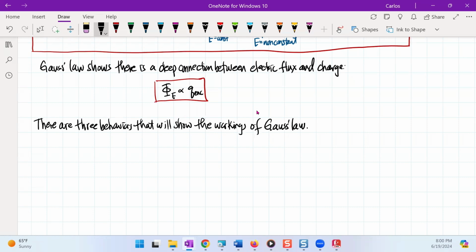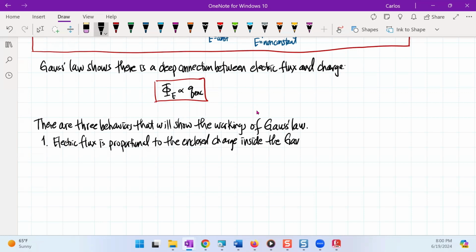So the first one here is that the electric flux is proportional to the enclosed charge inside the Gaussian.